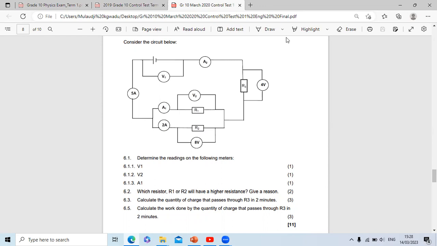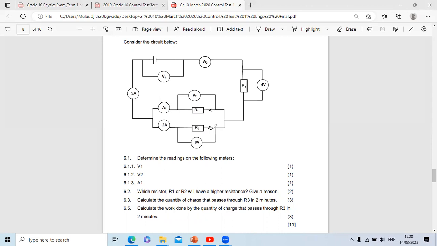So what that indicates is that, remember about parallel resistors, parallel resistors are current dividers. So the current going through here and the current going through here are different, but the voltage is equal.